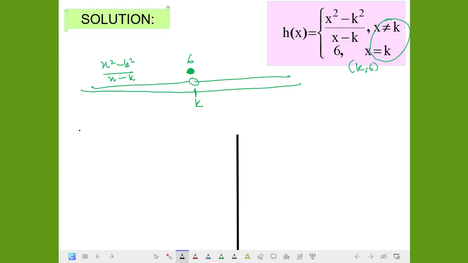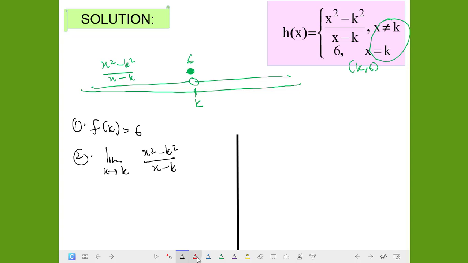So first step, f of k. f of k here is 6. You cannot substitute into this function. Why? Because given x not equal to k, k does not lie on the line, but f(k) given is equal to 6. Step 2. Limit as x approaches k of this function.